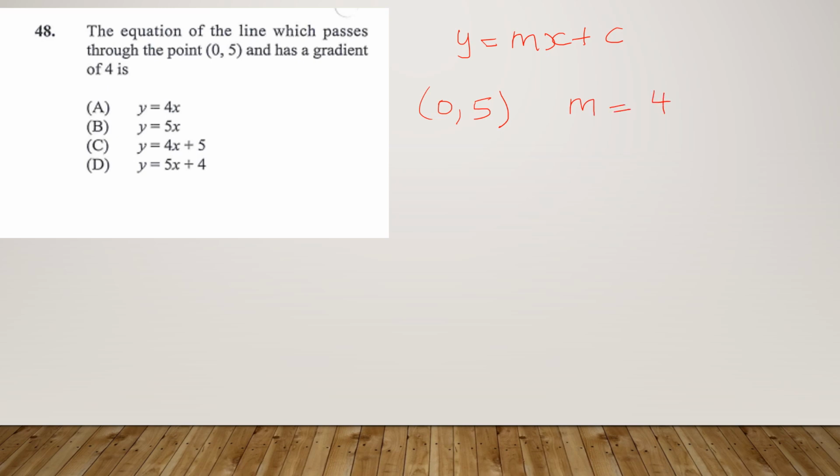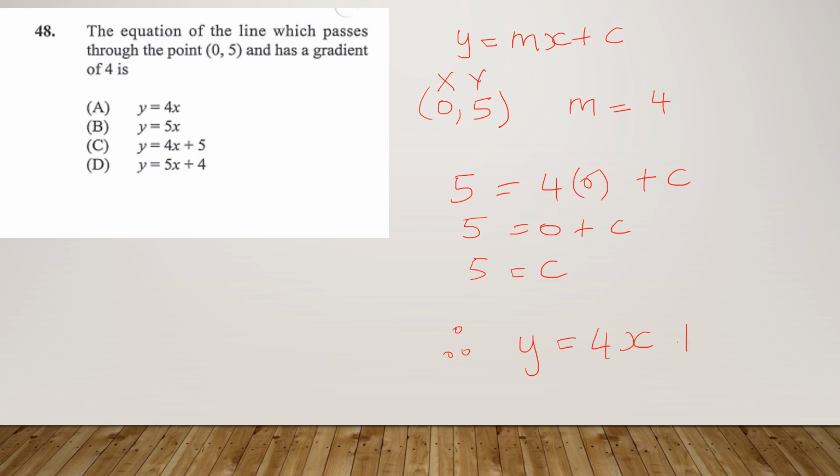So we're going to say this is x and this is y. So 5 equals 4 by 0 plus c. So we're going to find the y-intercept first, which is c. So 5 equals 0 plus c. So 5 is equal to c. Therefore, y is equal to 4x plus 5. So the answer is C.